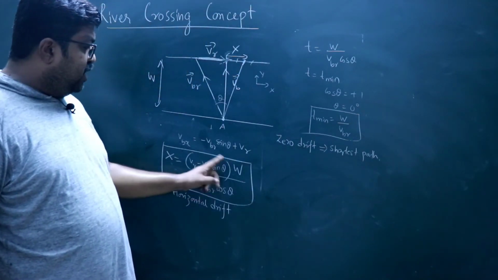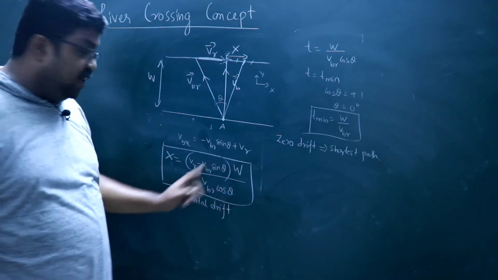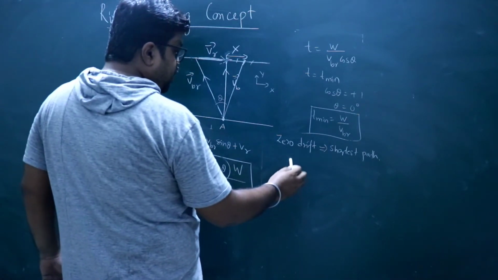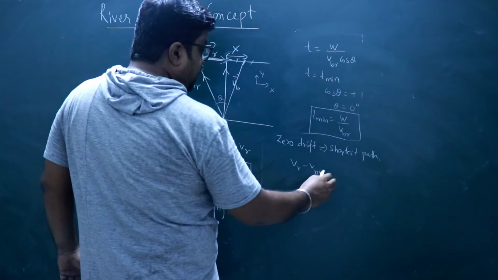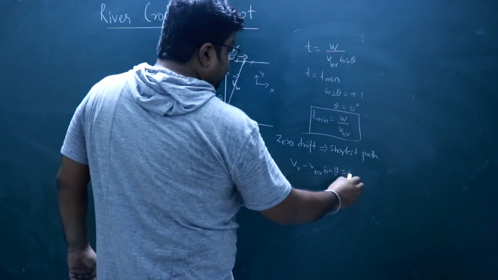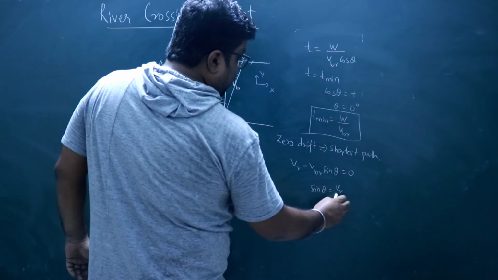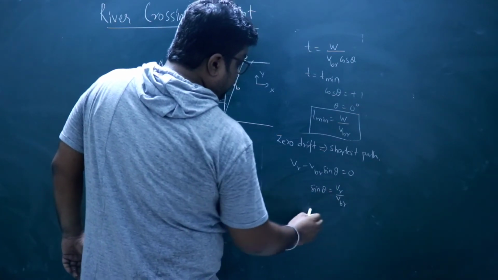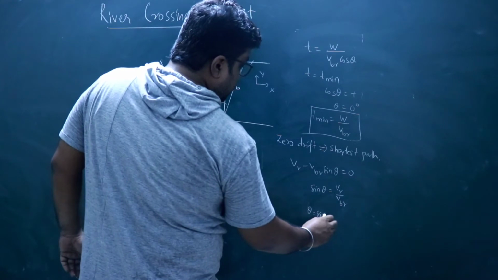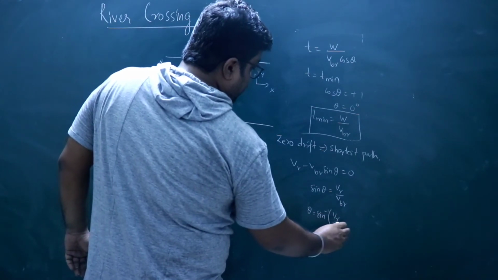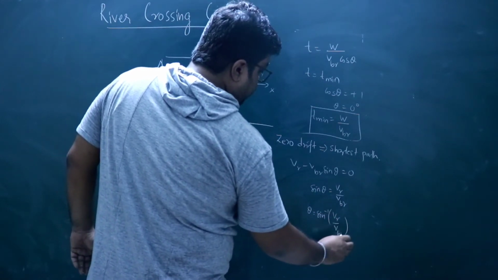So for x equal to 0, we can make this quantity to be 0. So if you make this quantity 0, that is Vr minus Vbr sin theta is equal to 0. So that gives sin theta is equal to Vr by Vbr, or theta is equal to sin inverse Vr by Vbr.